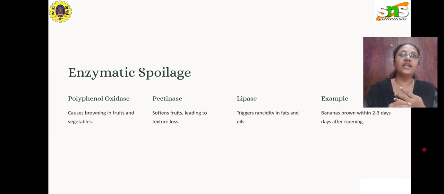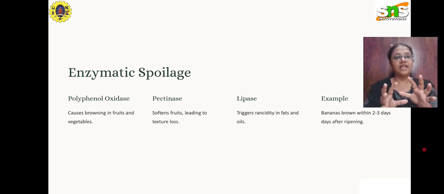If we store the fruit, the enzymatic reaction within it will ultimately lead to a browning reaction in banana, and over ripening of the fruit. For example, polyphenol oxidase is one of the enzymes. Pectinase and lipase are a few other enzymes that are present.